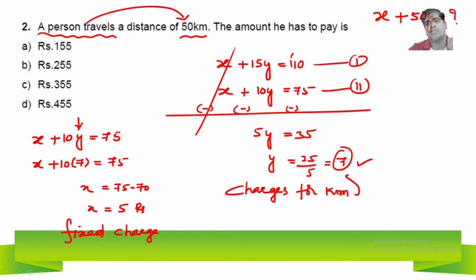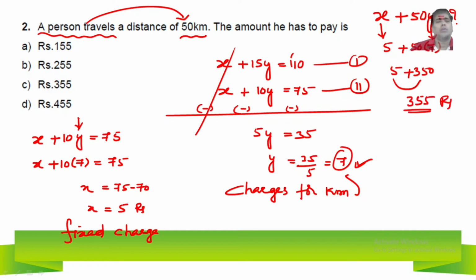We have to find this. Already you know the values of x and y. You can substitute here. x is equal to 5, and 50 into the y value, that is 7. So simplify it, you will get the answer. 50 into 7 is 350. 5 plus 350, so 355 rupees has to be paid to travel 50 kilometers.